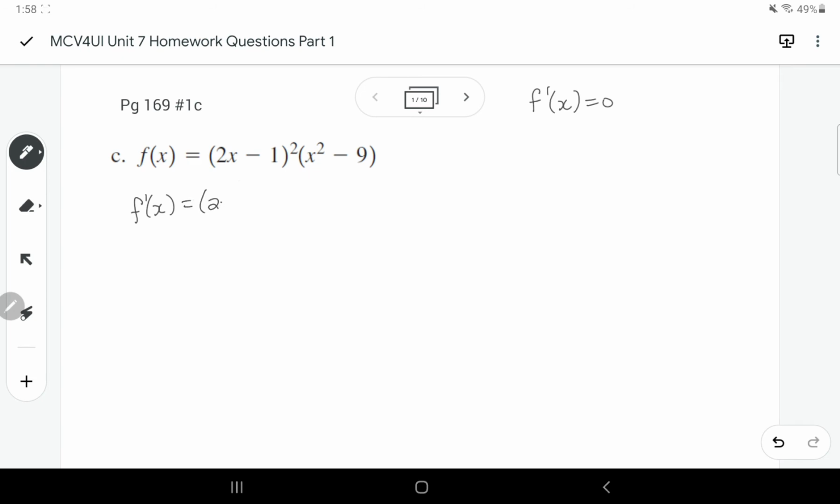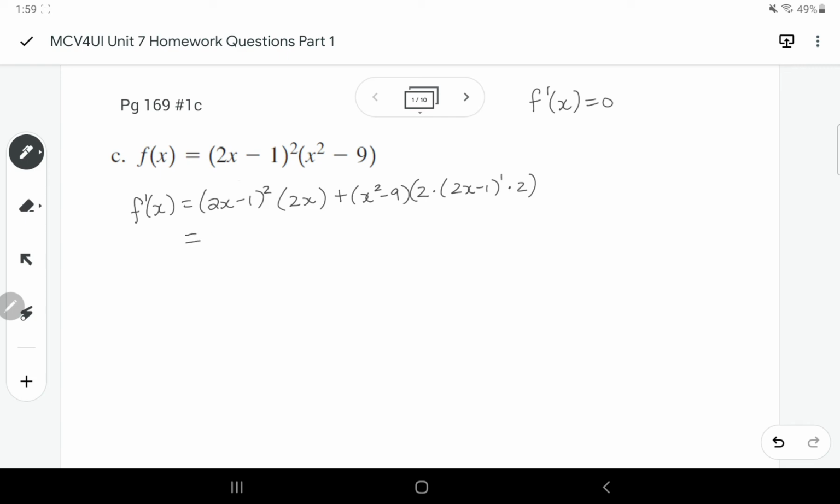So I've got the first factor times the derivative of the second, which is 2x, plus the second factor, x squared minus 9, times the derivative of the first, which is 2 times 2x minus 1 to the exponent 1, times the derivative of the inside stuff, which is 2.